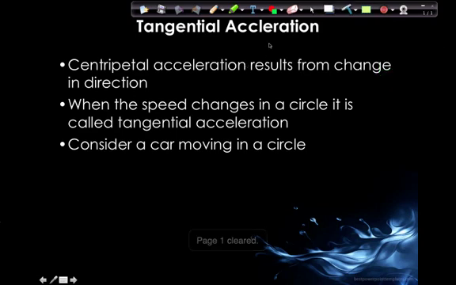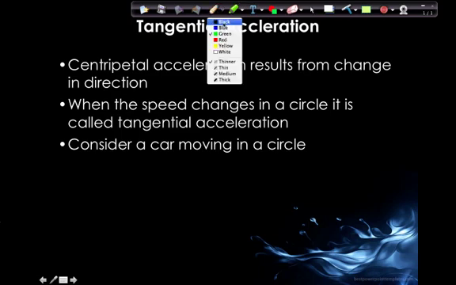Okay, so there's a difference between tangential acceleration and centripetal acceleration. You still are moving in a circle for tangential acceleration, but centripetal acceleration will result from a change in direction. That's because you are looking at velocity, and the velocity is changing because the direction is changing. Well, tangential acceleration involves a change in speed as well.